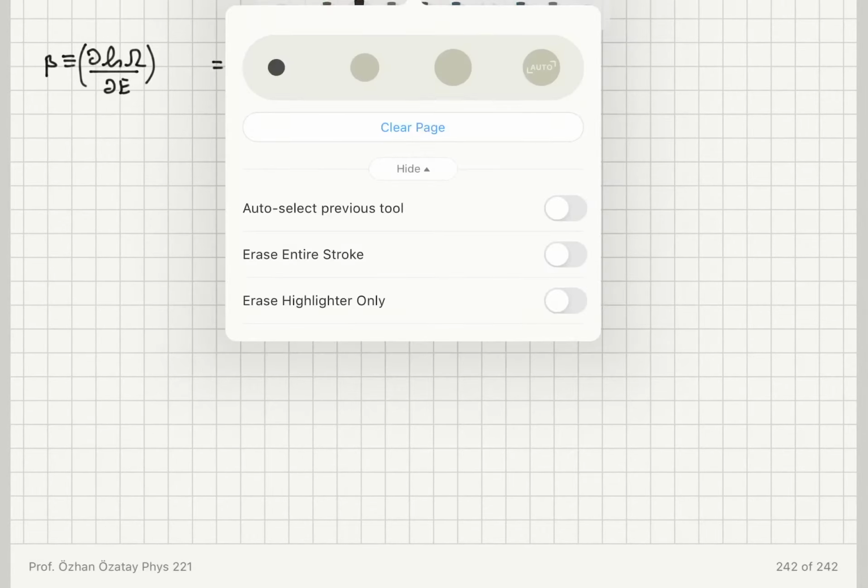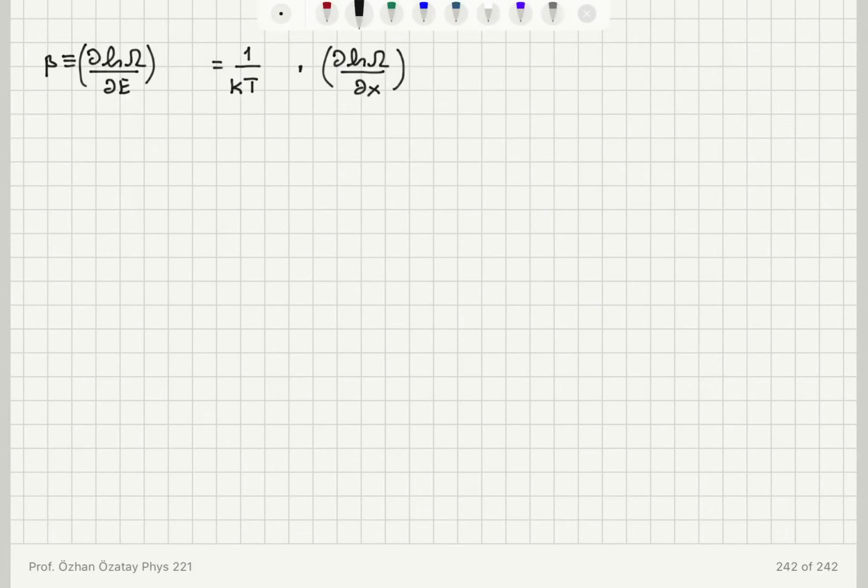So let me not confuse these two. This is for constant x, and its value at equilibrium is the value when it's evaluated at E is equal to E bar, and this is for constant energy.